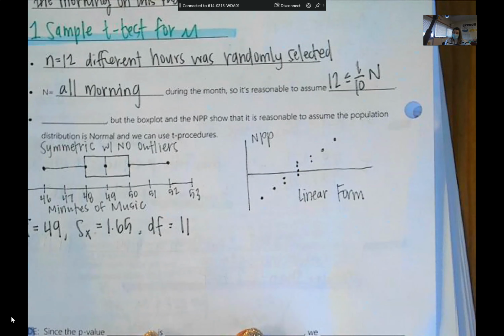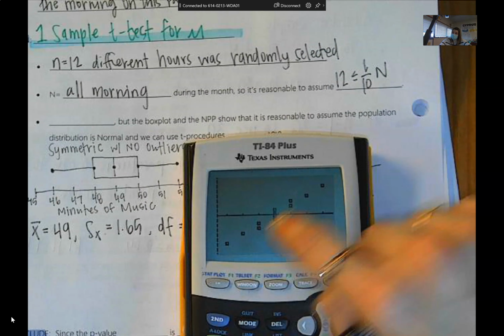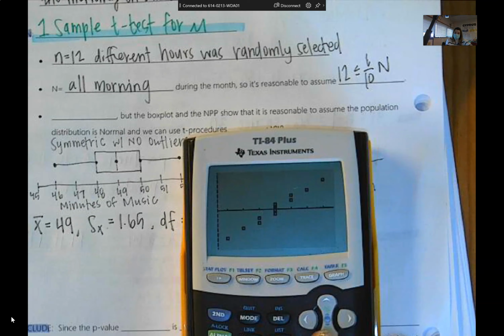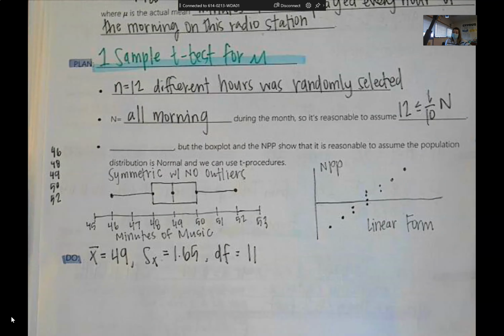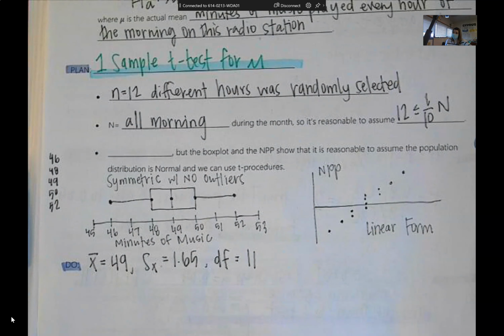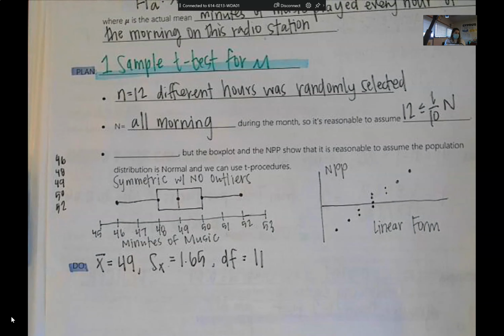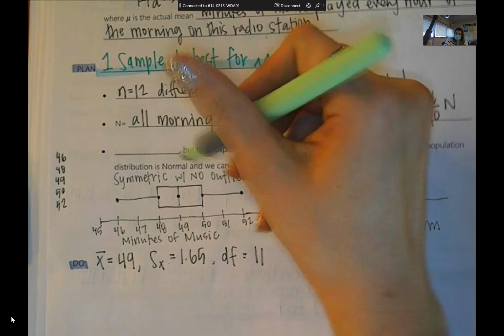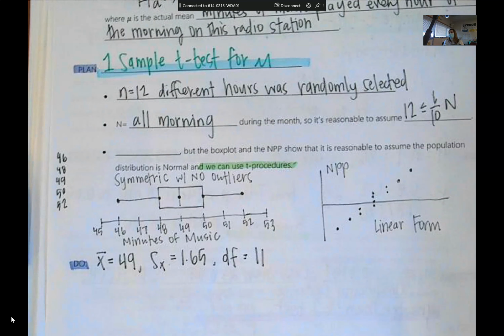It's not even questionable. These points are definitely going in a straight, positive line. So based off of those two things, it is reasonable to assume that the population is normal. And the reason that we even care about that in the first place is so we can use T procedures.